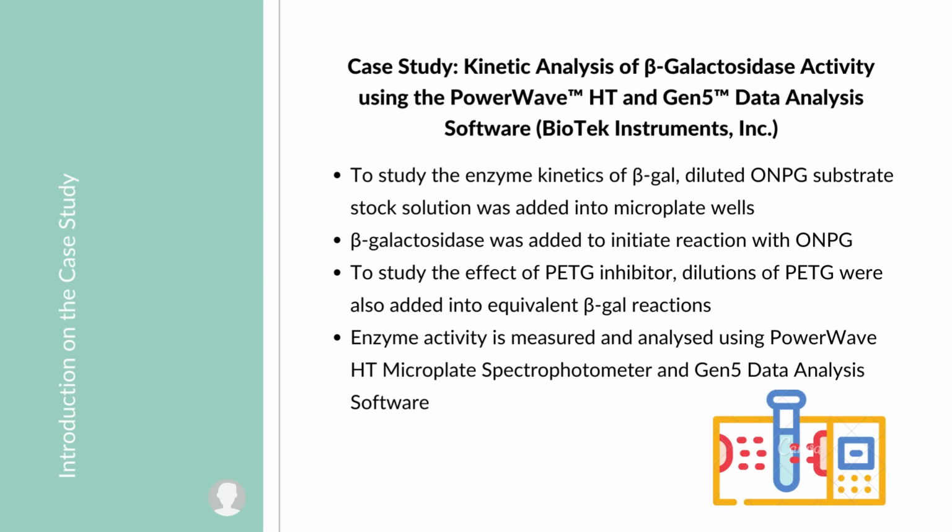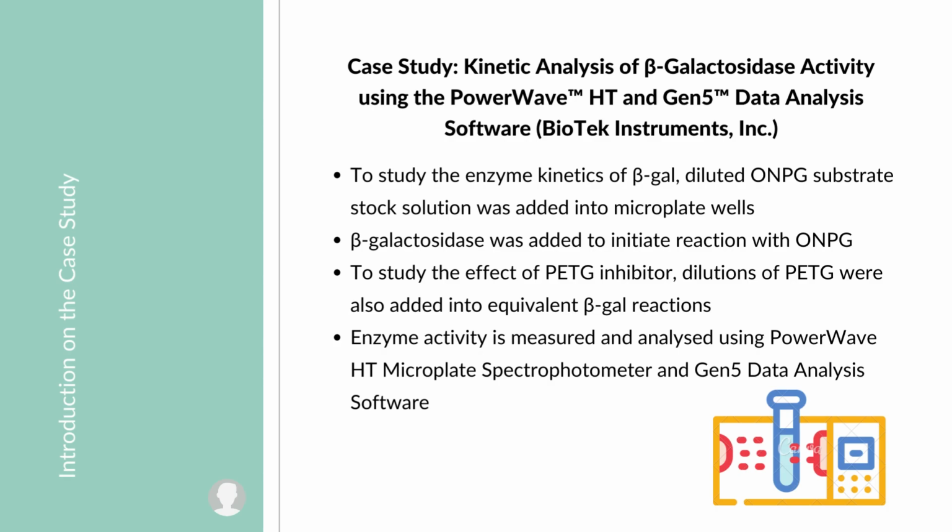To study the enzyme kinetics of beta-galactosidase, ONPG substrate stock solution was diluted with a reaction buffer and added into microplate wells. Beta-galactosidase was also added to initiate the reaction with the substrate ONPG. To study the effect of PETG inhibitor, dilutions of PETG were also added into equivalent beta-galactosidase reactions.